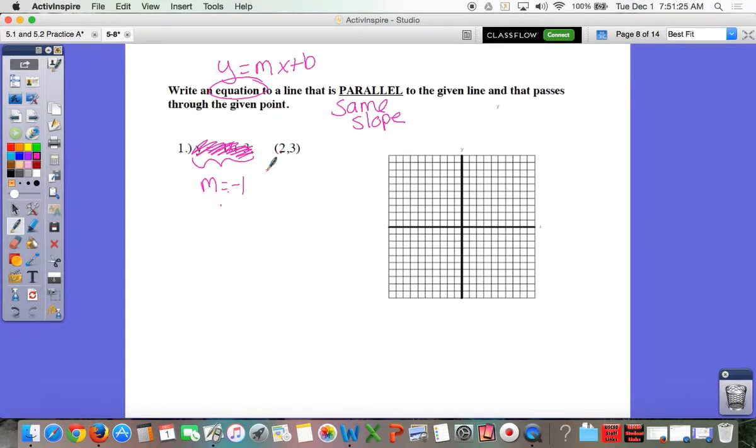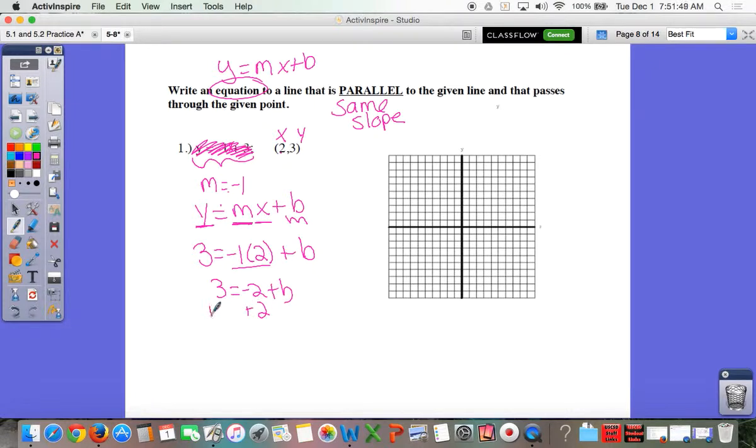Oh, we know how to do this. Now we have an m, an x, and a y. Remember, if you have y equals mx plus b, I can substitute y in, m in, and x, and solve for b. So I would say that 3 equals -1 times my x, which is 2, plus b. I'm looking for b. -1 times 2, 3 equals -2 plus b.